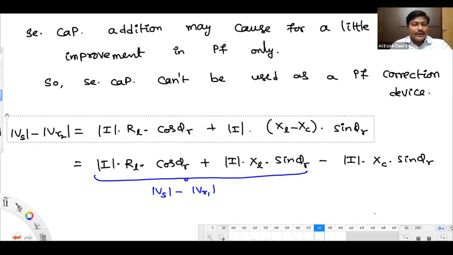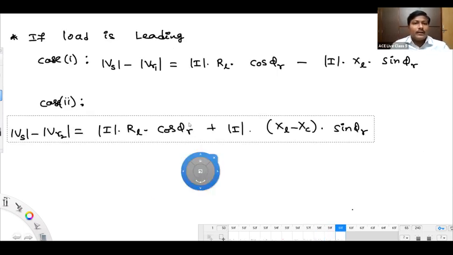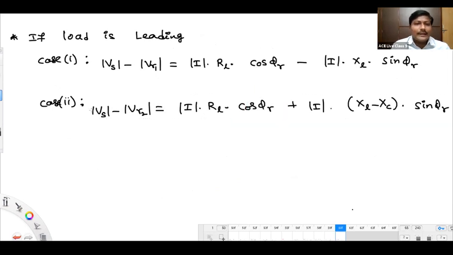Vs minus Vr2 equals I into RL, something like this, but here you get a minus sign. If you expand this, finally you get Vs minus Vr1 plus I Xc sin phi r.